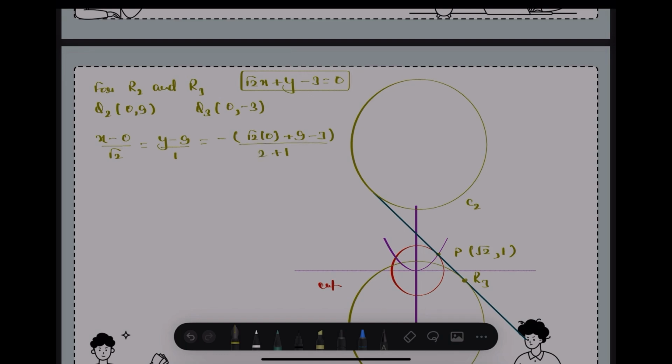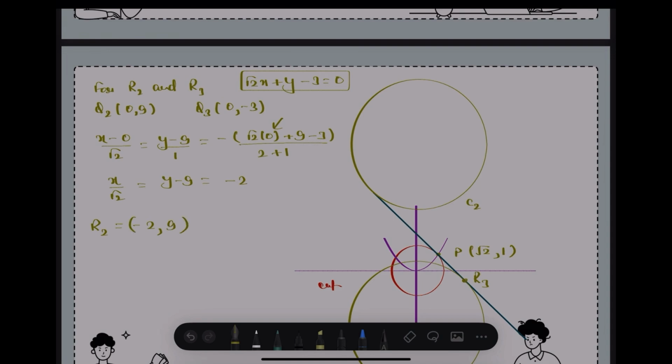Okay, now let's simplify again. So x minus root 2, y minus 9 is equal to, this thing will become 0. So it is 6, then minus 6 by 3. So it is minus 2. So can I write R2 as minus 2 comma 9?